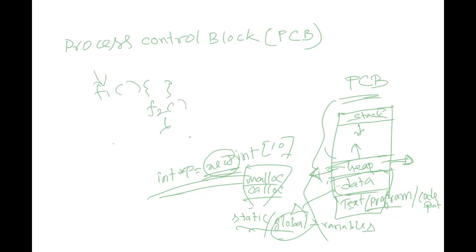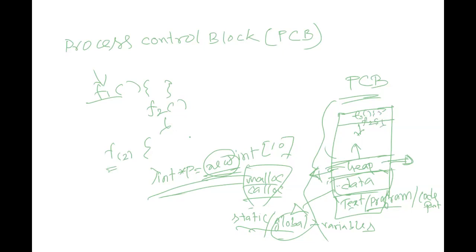So f2 is in the body of f1. In the stack, the function calls are stored: first f1 is called, and then f2. All function calls are tracked inside the stack.